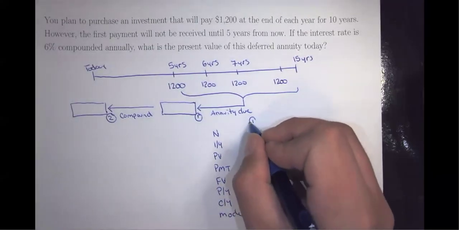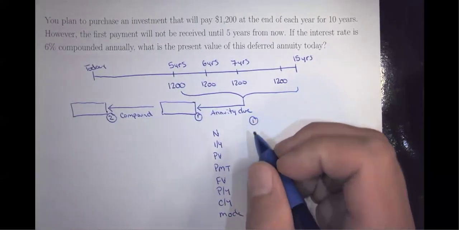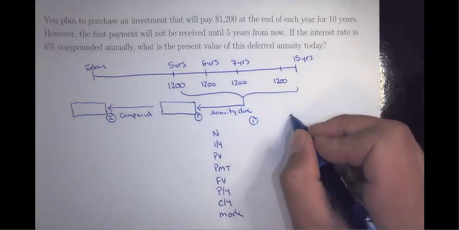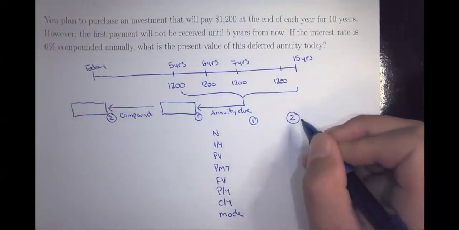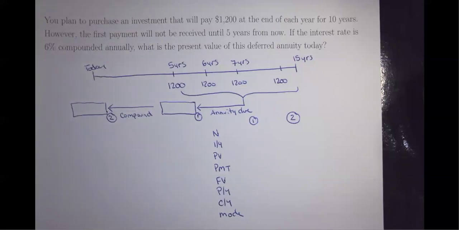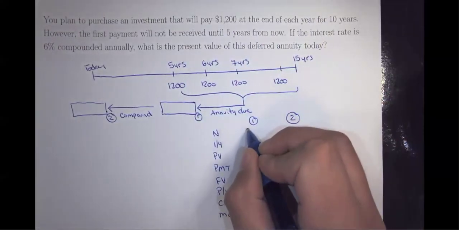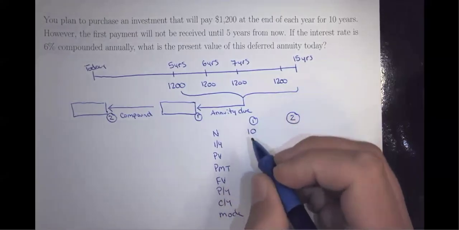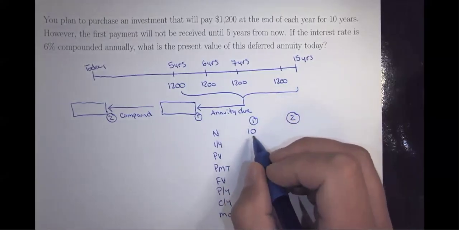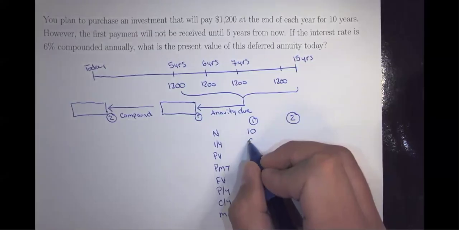So if I look at the calculator values, I'm going to have 2 different calculations. I'm going to do this all by calculator, just to make this easier on myself. I'm going to make 10 years worth of annual payments for my annuity. So my N here is 10. For the entire question, the interest rate is 6.